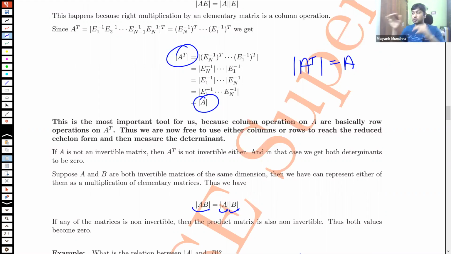If you exchange two rows, the determinant becomes negative. If you add one row to another, the determinant remains unchanged. So column operations are valid, and row operations are also valid. You can use any of them to simplify the matrix so that you can find the determinant. Use whatever you think will make your job easier.